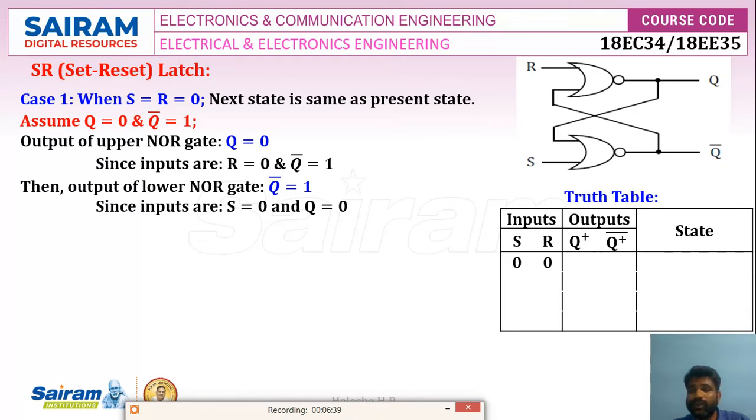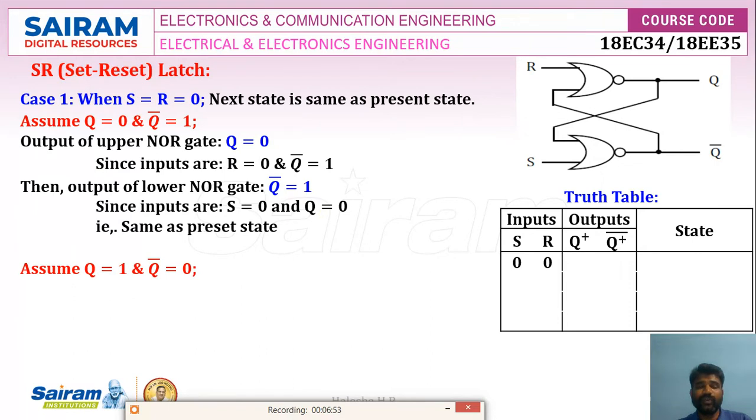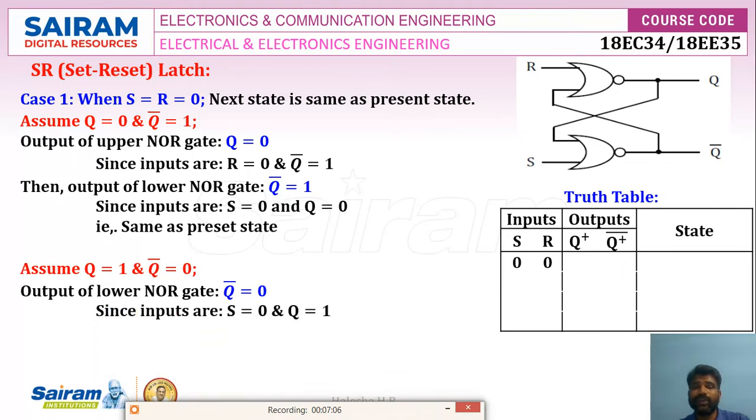When both inputs of the NOR gate are 0, the output is 1. So it is the same as the present state. We assumed Q is equal to 0, Q bar is equal to 1, and we got Q is equal to 0, Q bar is equal to 1, the same as the present state. If you assume Q is equal to 1, Q bar is equal to 0, again the output of the lower NOR gate Q bar is equal to 0, because the inputs are S is equal to 0, Q is equal to 1.